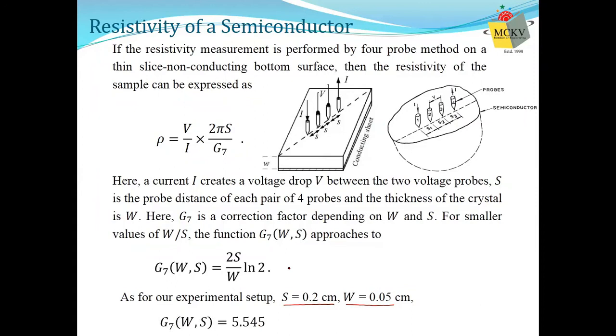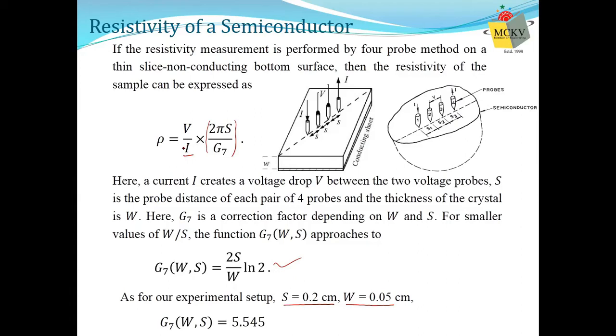Therefore, we know G7. If we put those values in the simplified formula for G7, then we get the value as 5.545. So this portion is constant. So 2 pi S by G7, this portion is actually constant for us. Throughout the experiment, whatever amount of current we supply to the semiconductor will remain fixed.